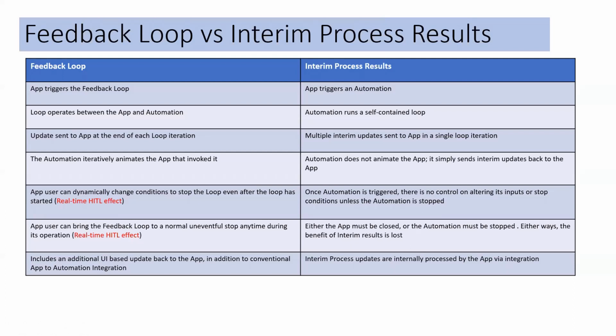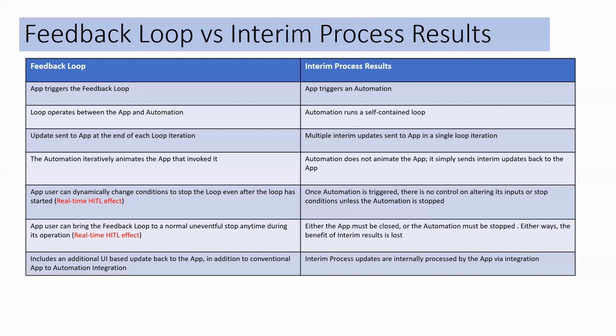If you start from the first line, both are similar. The app will trigger the automation or the feedback loop. The app will initiate the entire process. But after that, things become a bit different.